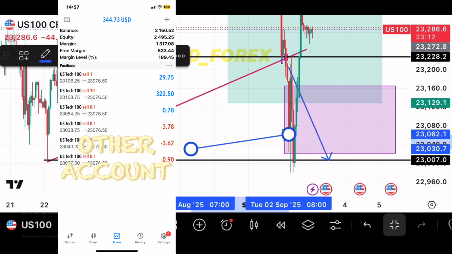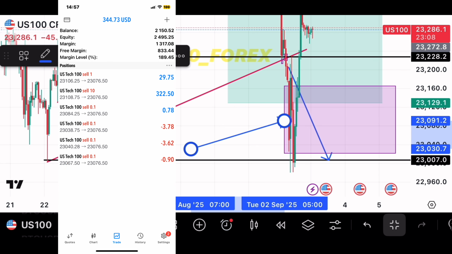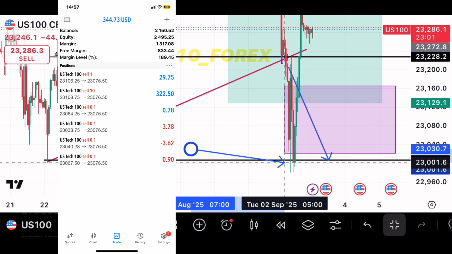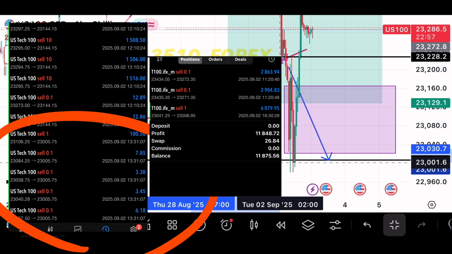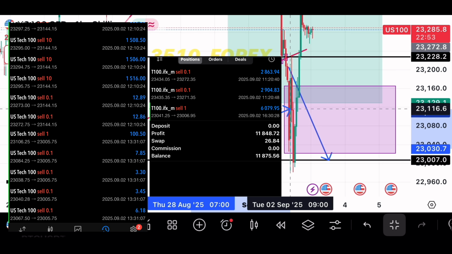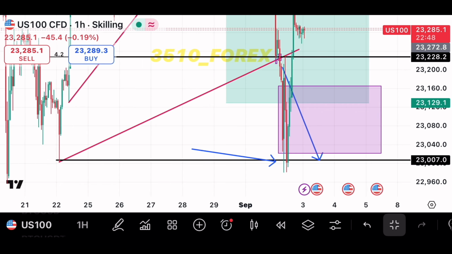So I rode this wave, and I think I was eating at McDonald's by this time, and after a while my TP was hit, just like that. After 16:30 p.m. South African time, my TP was hit, and I was just good and done for the day.